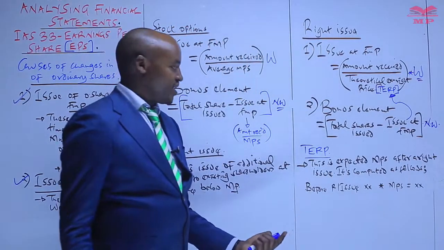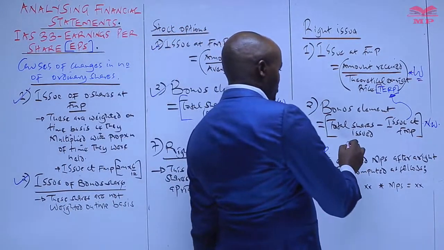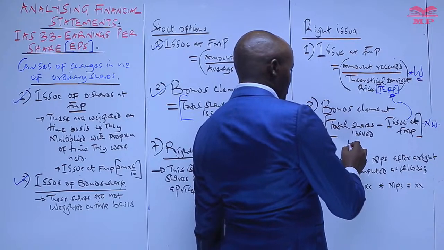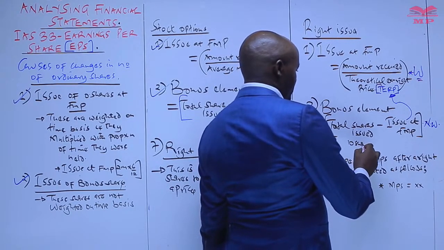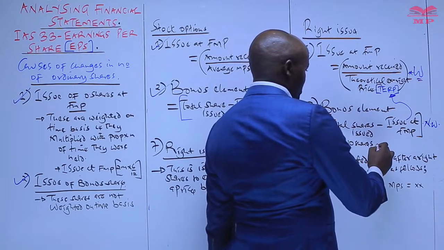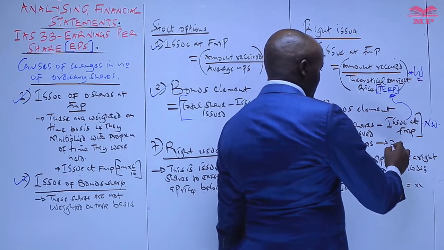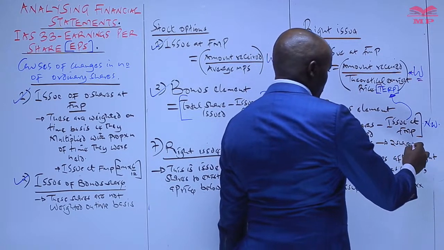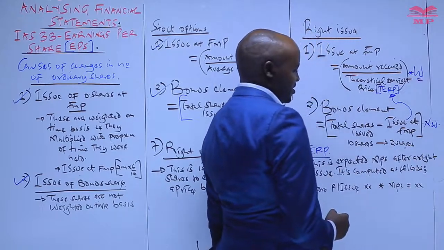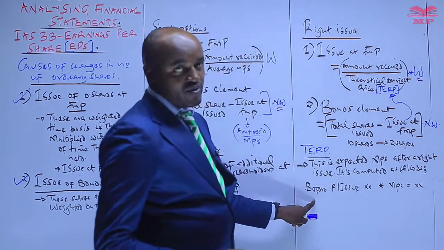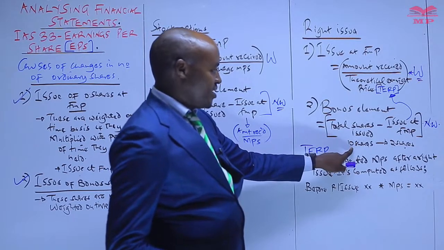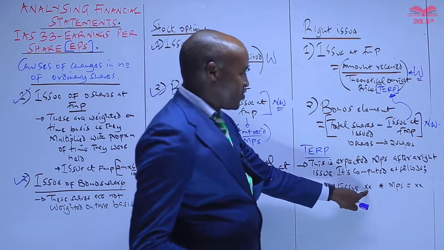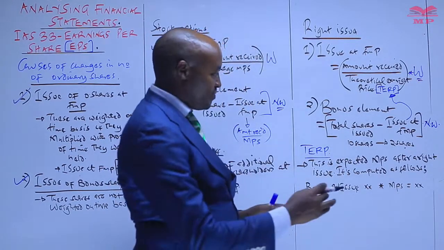In most cases you'll be told that if, for example, a shareholder held 10 shares before the right issue, then during the right issue, such a shareholder will be issued with 2 shares. So when we talk about the shares held before the right issue, we are talking of the 10 shares, but those shares were trading at a certain price, multiply the 10.